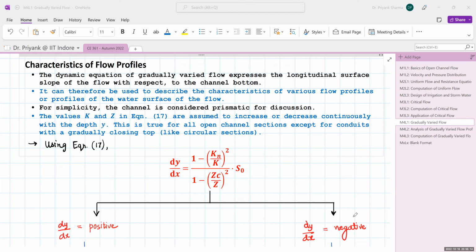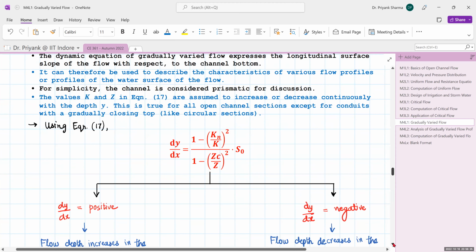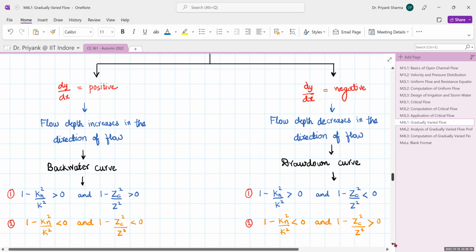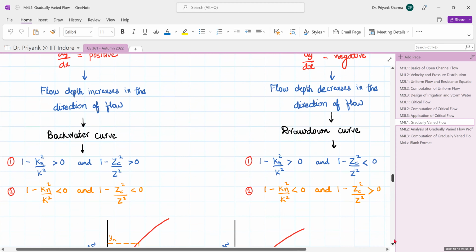When it will be positive, there are two conditions for dy by dx to be positive. The first condition is either both the numerator and denominator are positive or both are negative. That will yield a positive value of dy by dx, and if either of them is negative, then your dy by dx is negative. So what is the meaning of dy by dx being positive? That is, your flow depth would increase in the direction of flow.